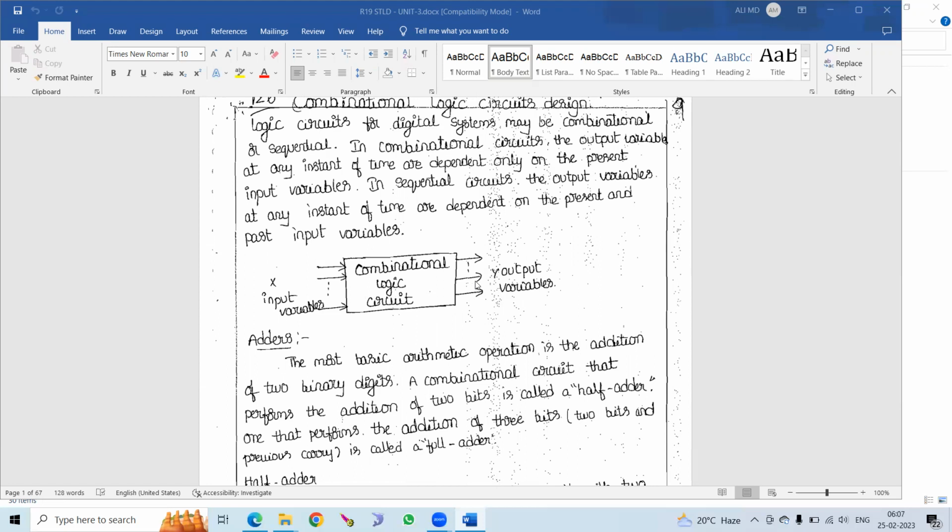It cannot depend on any memory element. In this block diagram, the input is variable x and the output variable is y.